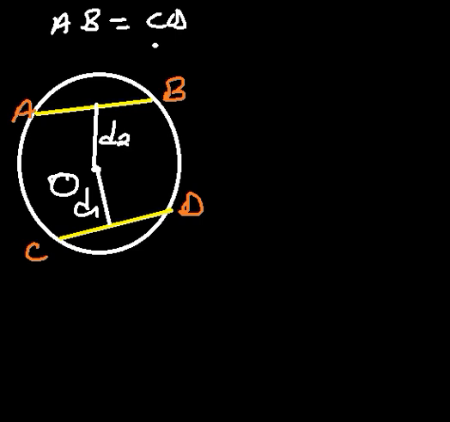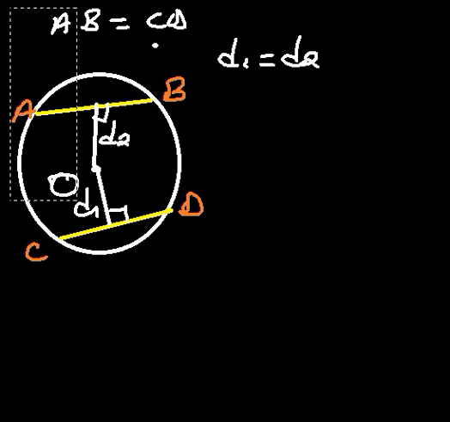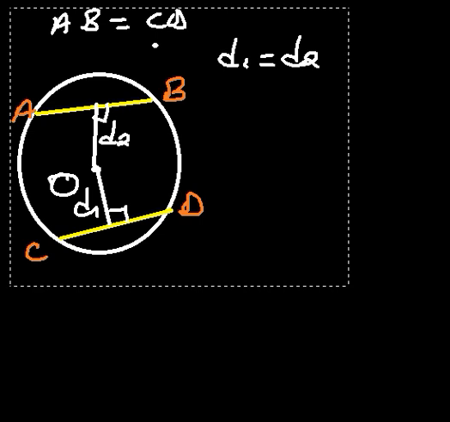Since the chords are of the same length, d1 is the same as d2. Thus they are equidistant from the center of the circle if the chords are of the same length. So take note of that.